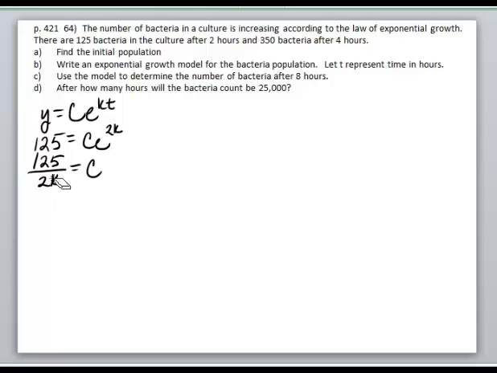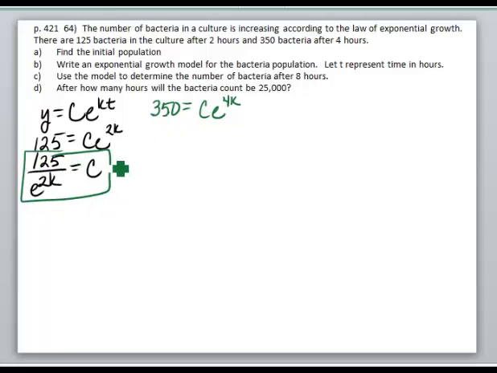e to the 2k, and that's not 2k, that's e to the 2k. Then what I'm going to be able to do is use the second piece of information and say 350 equals C e to the 4k, because after 4 hours there's 350 bacteria.